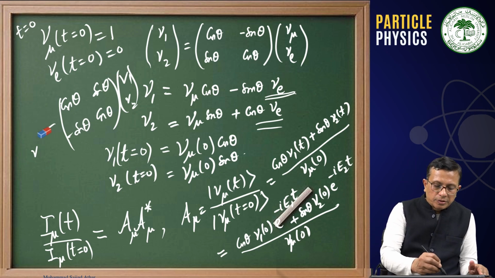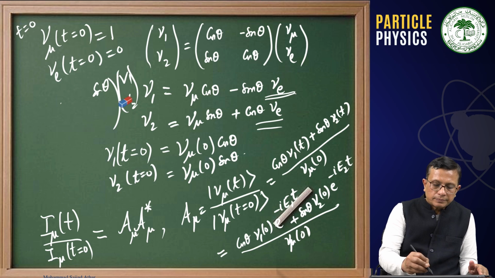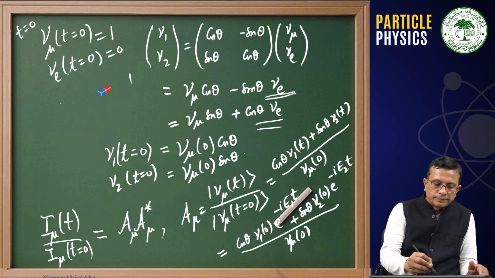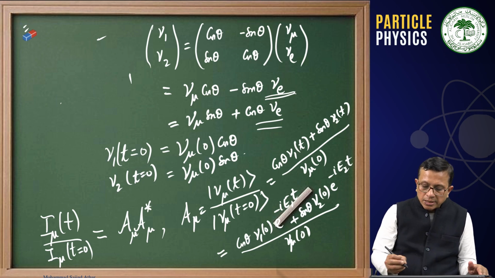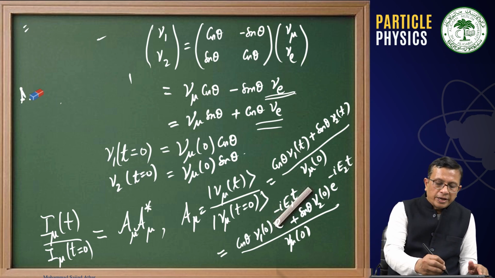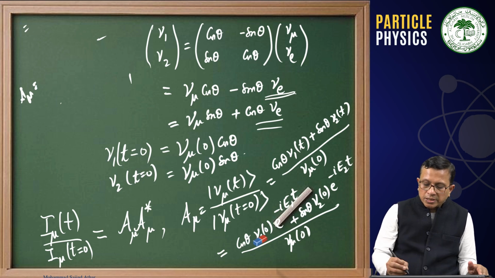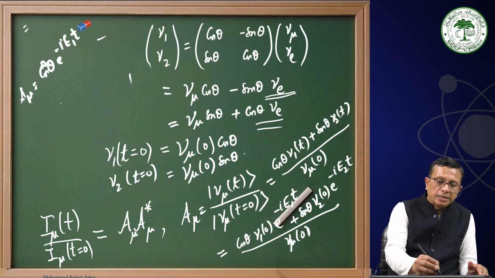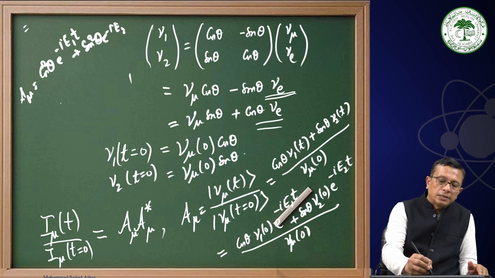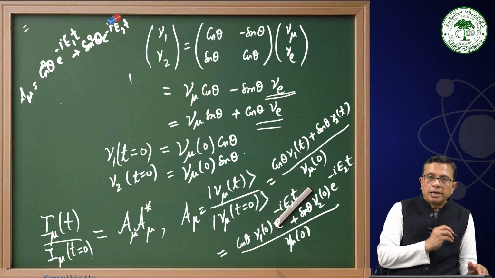Try to look at the term which I am talking about. Look at it carefully. What is this A mu? Our A mu is cos squared theta e to the power minus i e1 t plus sine squared theta e to the power minus i e2 t. This will be A mu.